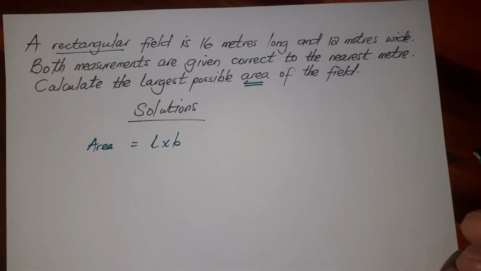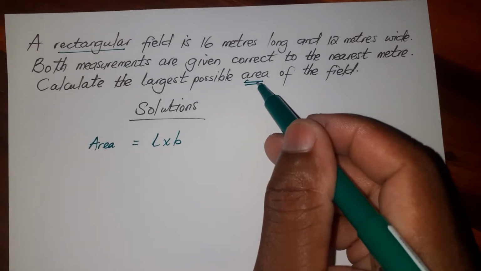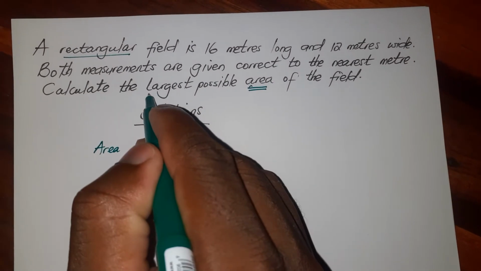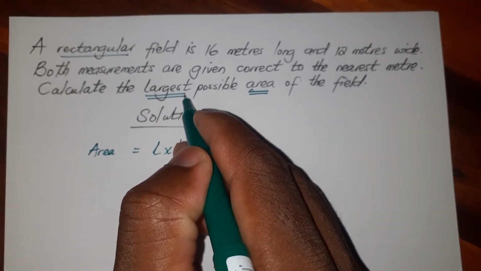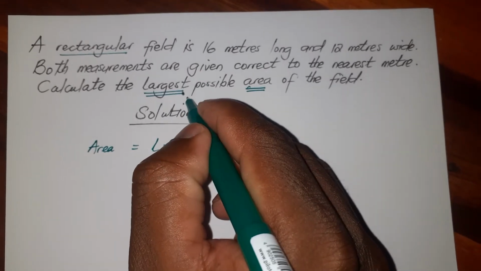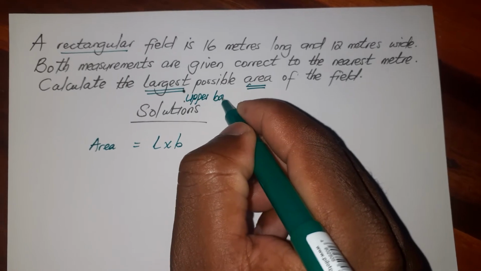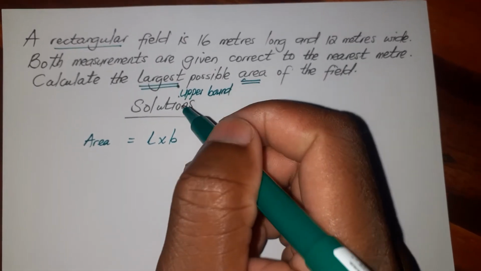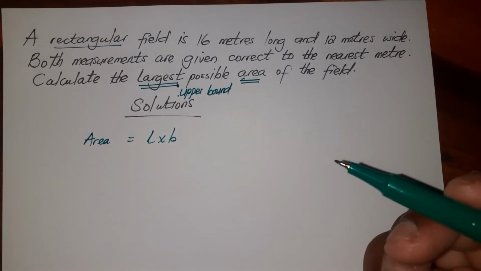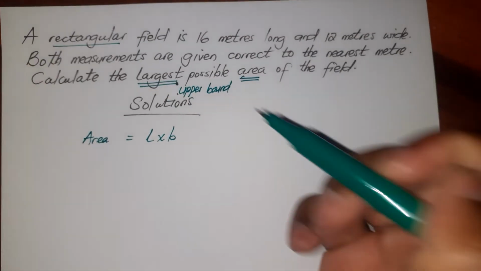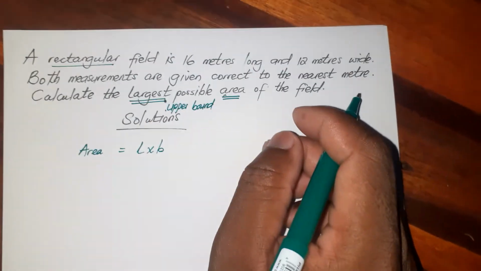Now, looking at the question, it does not only say we should find the area, but the largest. Because of that, it means we are finding the upper bound. If it had said the least, then we would find the lower bound. But in this case, the word largest is telling us that we should find the upper bound of the area.